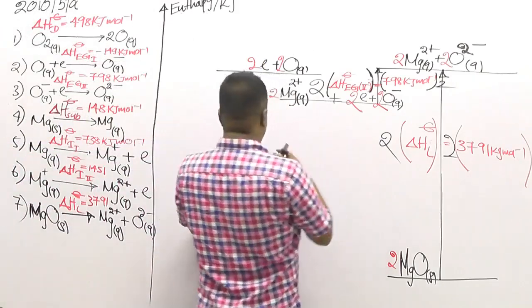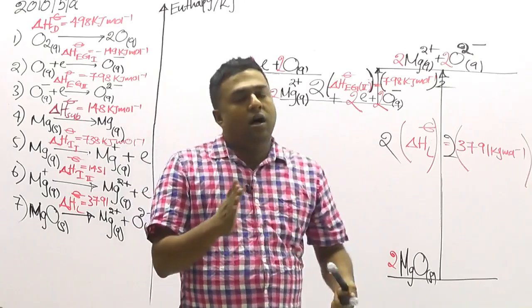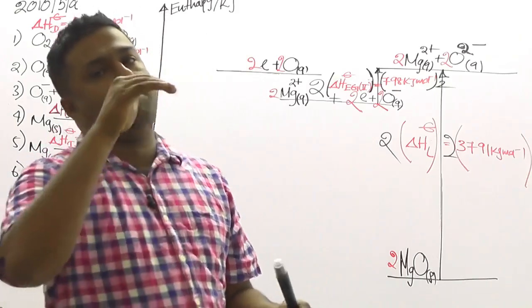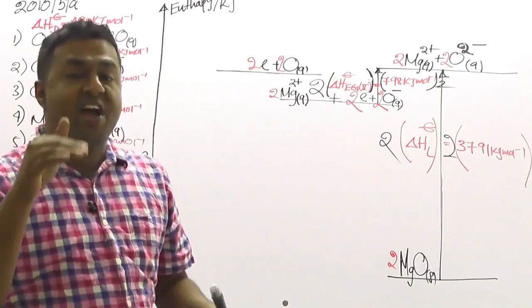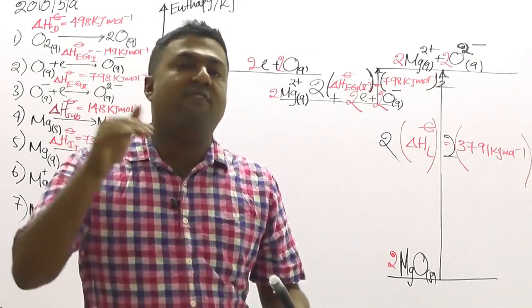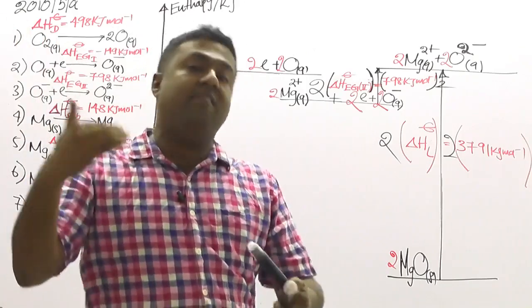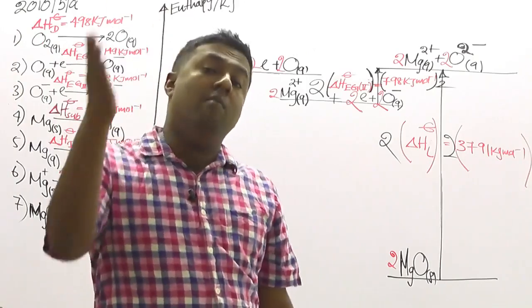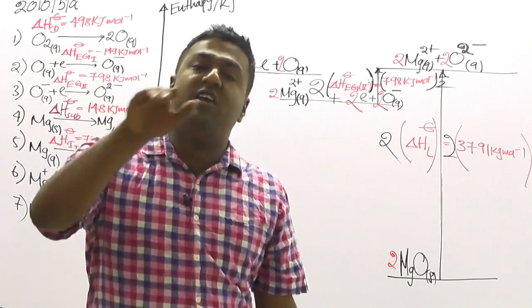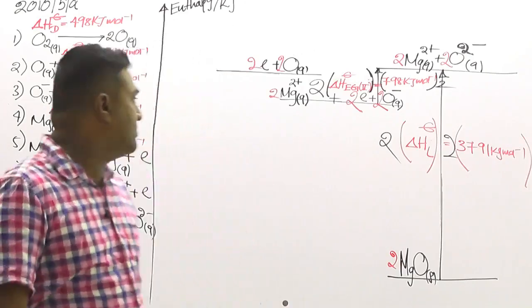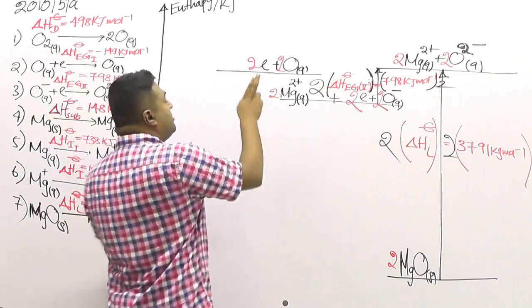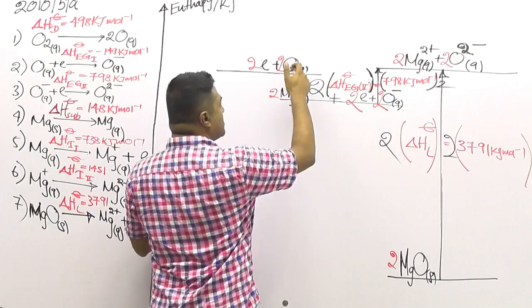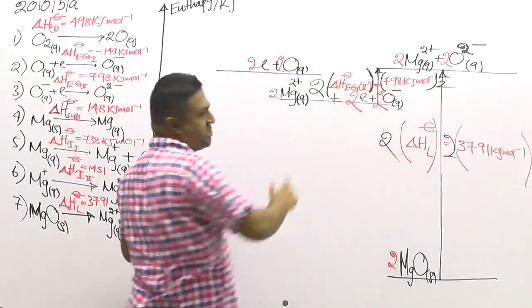But I have mentioned that each and every step of a Born-Haber cycle and thermochemical cycle has to be a balanced chemical equation.